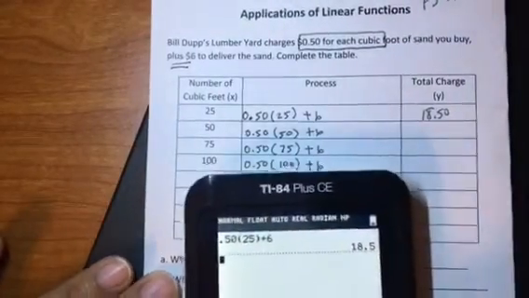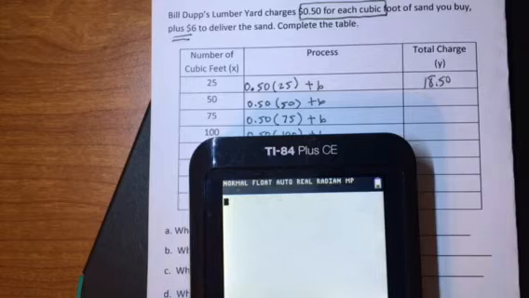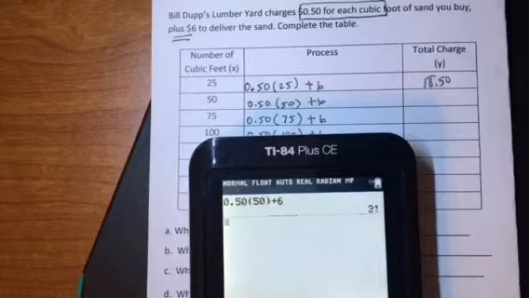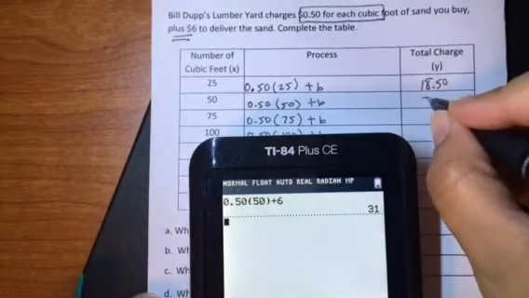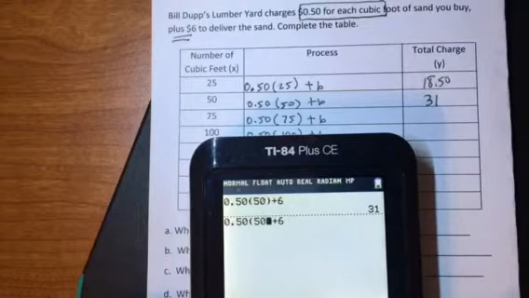So again, I'm going to let the calculator do the calculations for us. I don't need the 0 in front. I'm just putting it there to show you that you can have it. You don't necessarily have to have it. That needs to be 75.